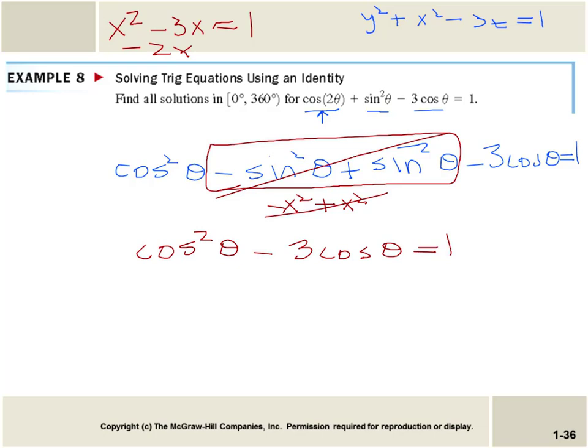Anybody, what do I do next? Well, the cosines are all the same now. I factor, but first I have to subtract 1.